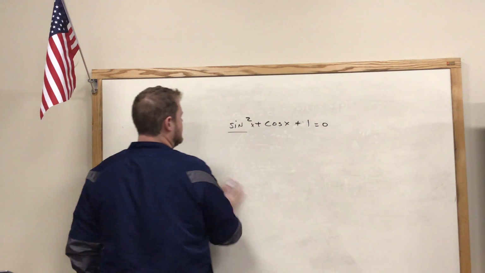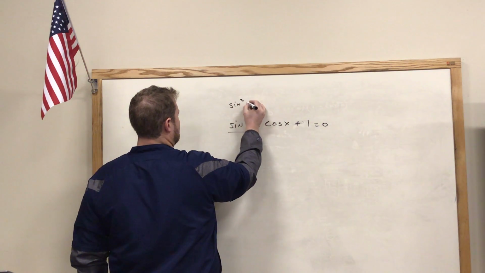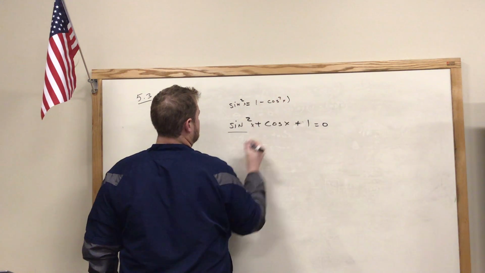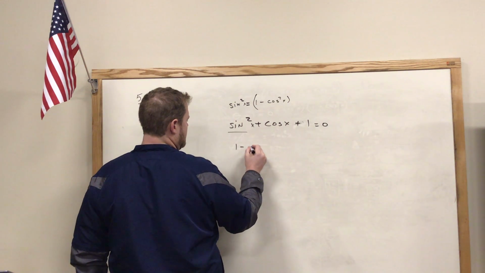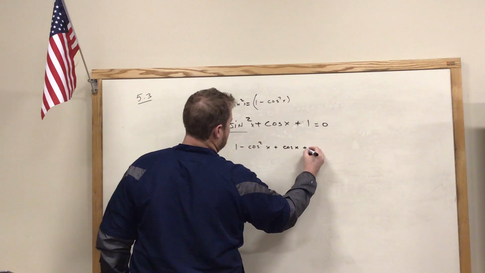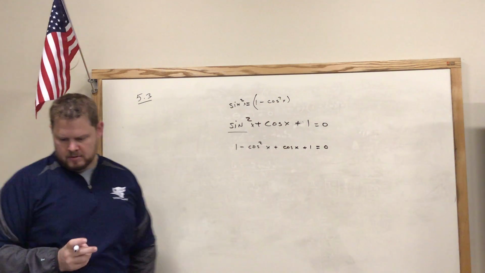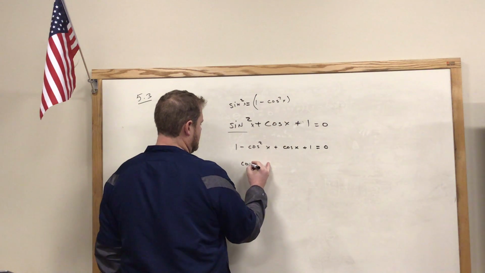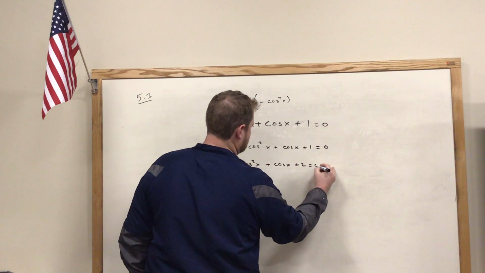Remember, the idea is you're plugging in. Sine squared x equals 1 minus cosine squared x. So I can plug that in: 1 minus cosine squared x plus cosine x plus 1 equals 0. Now what do I do? Rearrange. This is going to be cosine squared x plus cosine x plus 2 equals 0.